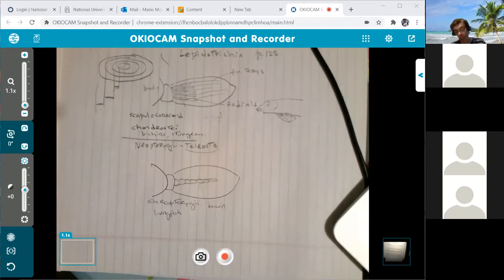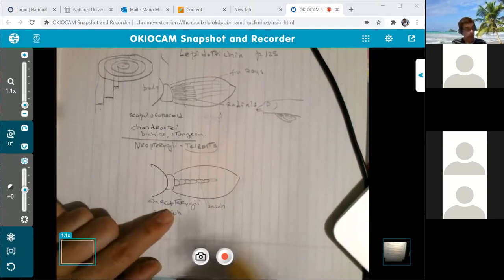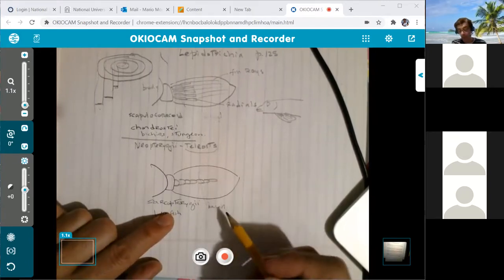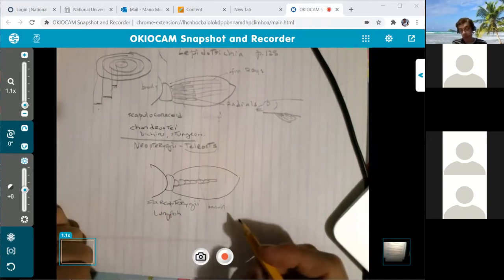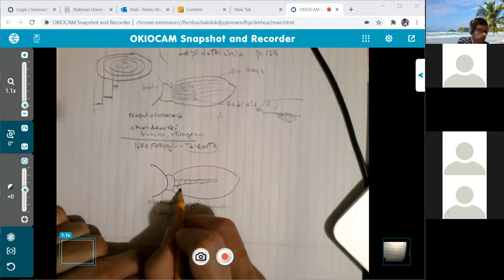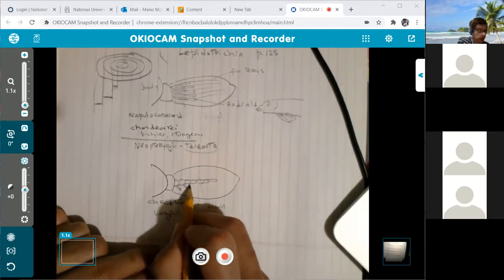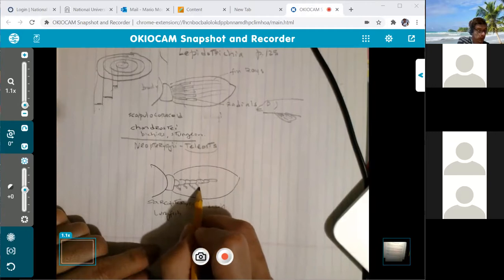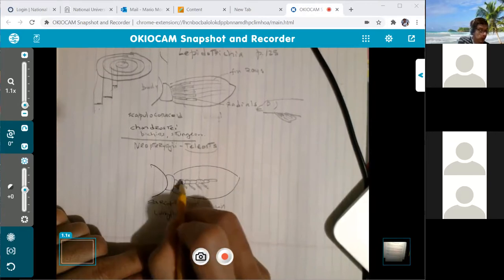And then from here, you think that they would have just arrays, but they don't. The radials show up again, and then you have again little series of radials like this on both sides.